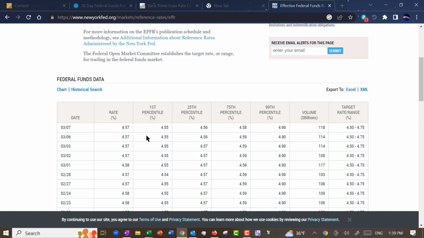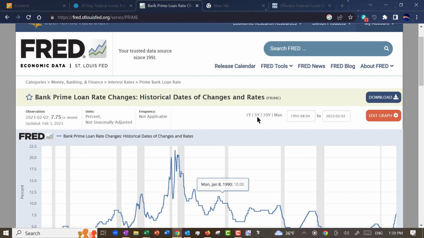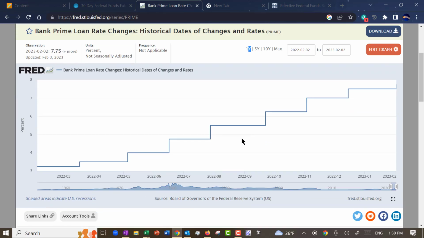Then it's almost for certain that the next day prime rate is going to go up to 8. So if you're paying prime plus 2, you're going to start paying 10 instead of 9.75. And you can kind of see it here. Let's do only 1 year. As you can see, the prime rate goes up in discrete increments.